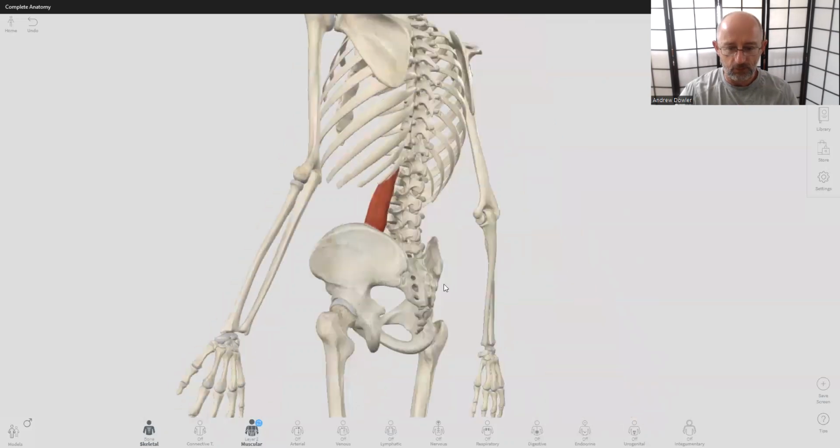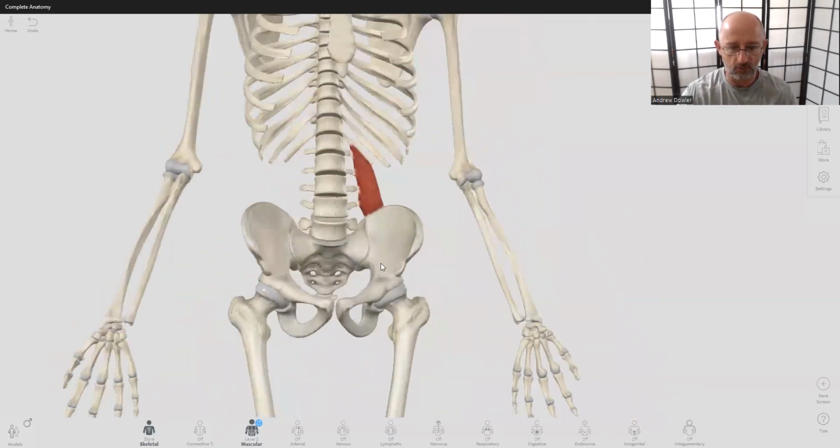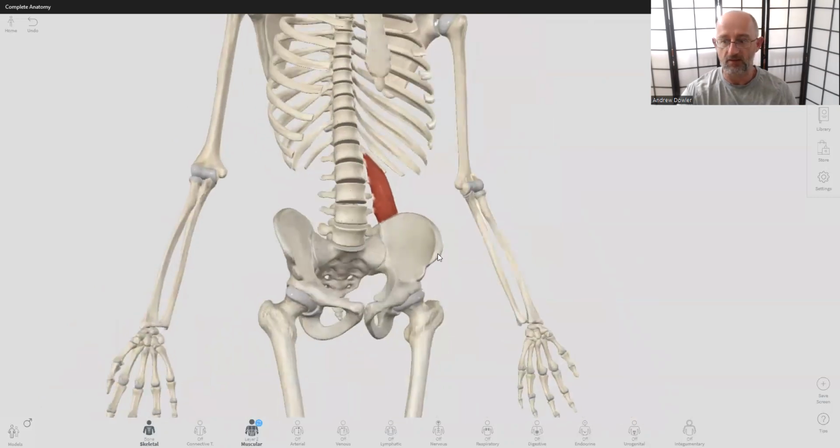So that's a pretty good overall example of some of the pelvic structures and some of the bones, what they're doing, and different muscles that attach onto them. Hopefully that gives you a bit more of a feel for the pelvis and how complex it is.